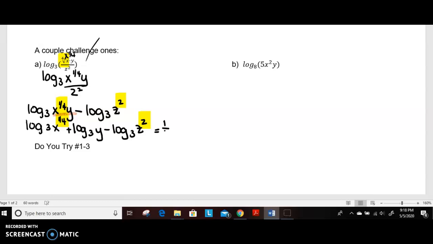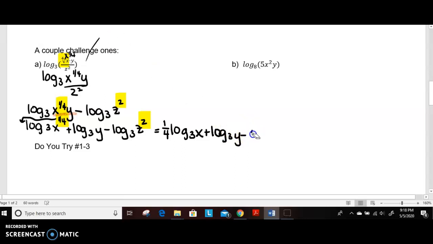So I've got 1/4, because it's walking across the log out in front, log base 3 of x plus log base 3 of y minus, forgot to walk it across the log, 2 log base 3 of z. Okay, so now that's all expanded, and I used all three properties.